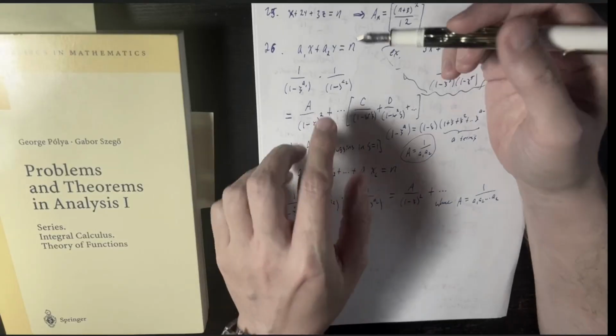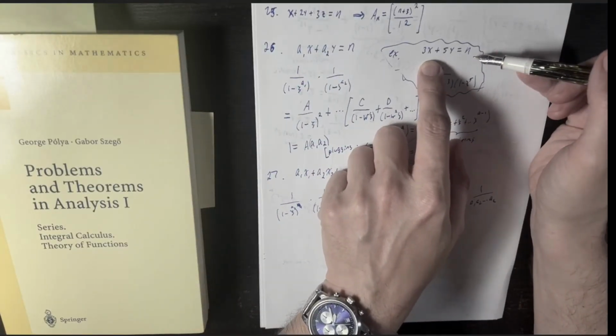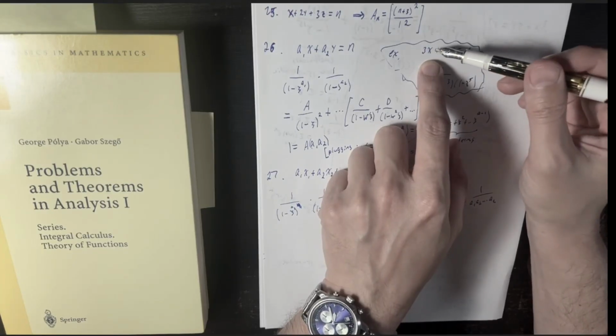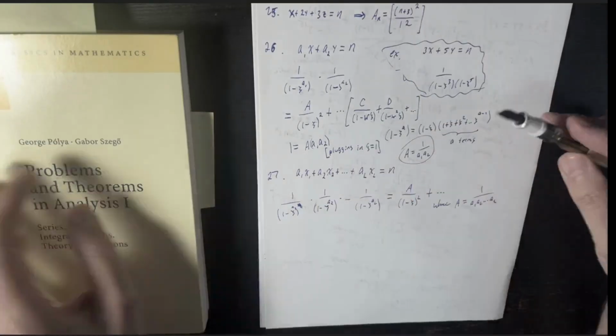So a smaller example of what we're talking about is the number of solutions to this. When I say solutions, I mean non-negative integers x and y. You know where it came from?